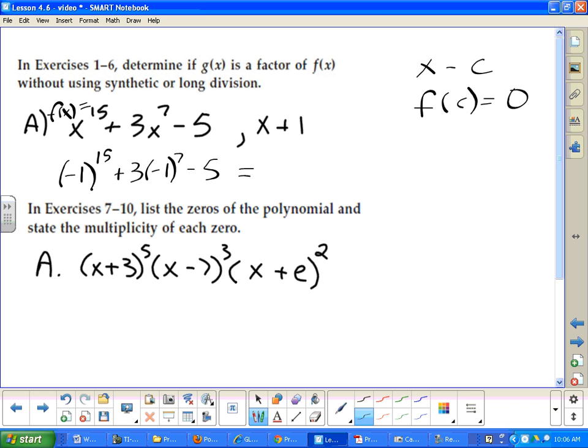If I get 0, then it's a factor. If I don't get 0, then it's not. So let's see. We get -1 when I do -1 to the 15th. -1 to the 7th is also -1, times 3 is -3. And when I subtract 5, I get -9. Since this does not equal 0, then x plus 1 is not a factor.